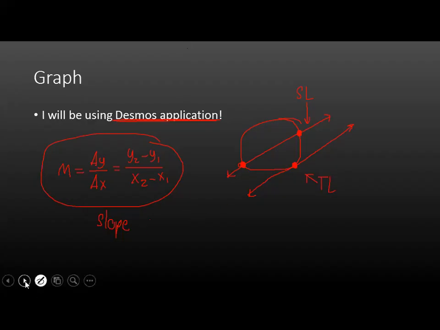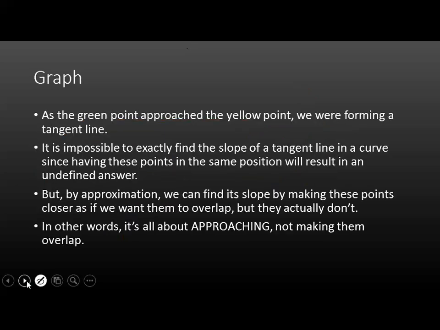All right, so now let's go back here. What did you observe? As the green point approached the yellow point, we were forming a tangent line. You notice that? And I told you that it is impossible to exactly find the slope of the tangent line on a curve, since having these points in the same position will result in an undefined answer.